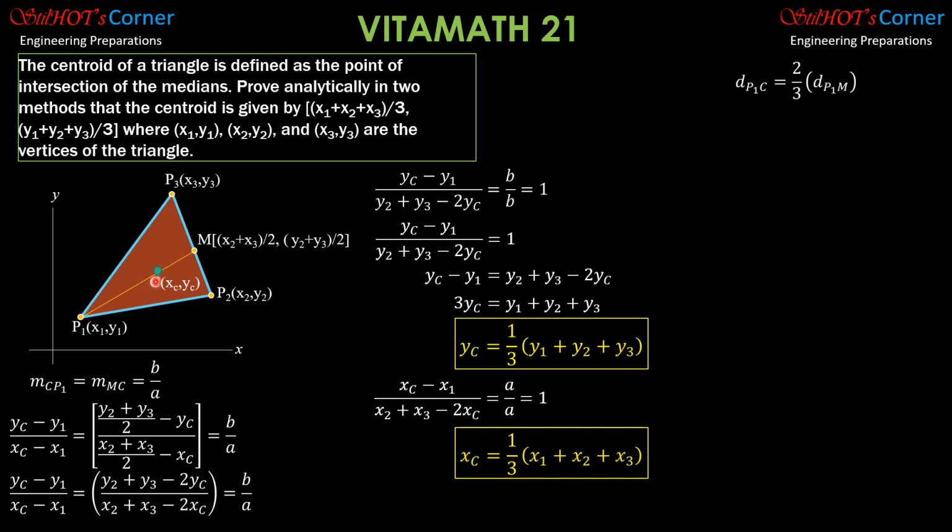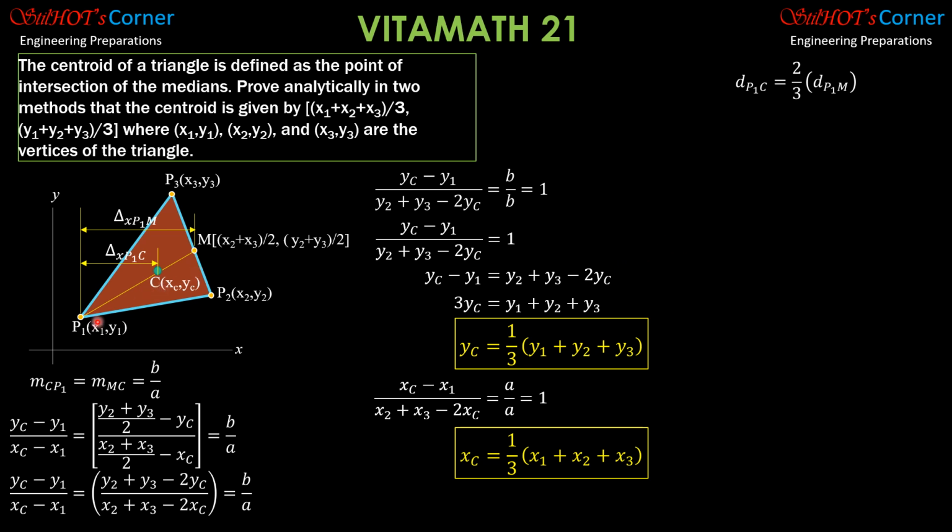So if the horizontal component of P1C is denoted by delta x P1C, and that is equal to the difference of the horizontal coordinates or x coordinates, x sub c minus x sub 1, and the horizontal distance between P1 and M is delta x P1M. So it means that delta x P1C is 2/3 of delta x P1M, where delta x P1M is (x2 plus x3) over 2 minus x sub 1, or simply the difference of the x coordinates.